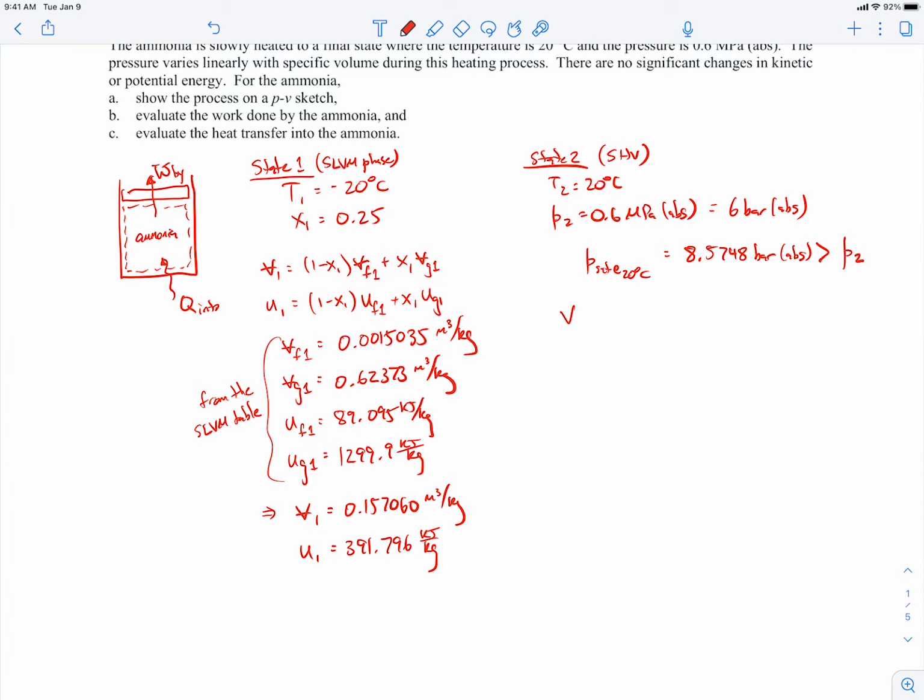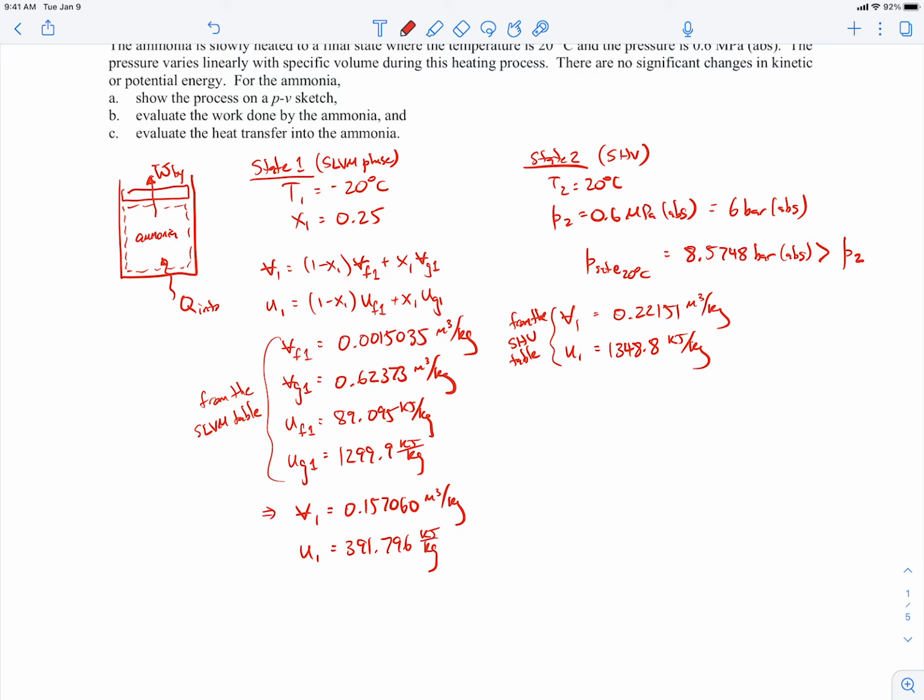Okay, so the specific volume from the table was 0.22151 cubic meters per kilogram. Specific internal energy is 1348.8 kilojoules per kilogram. And these come from the superheated vapor table.